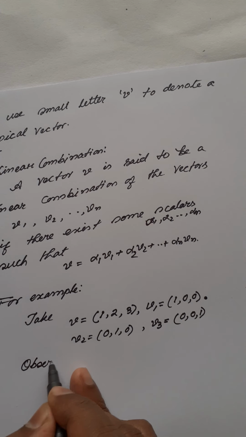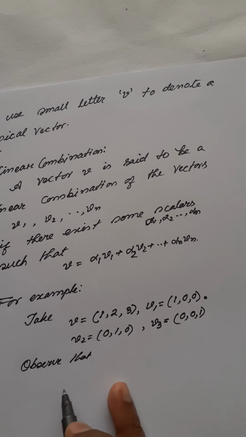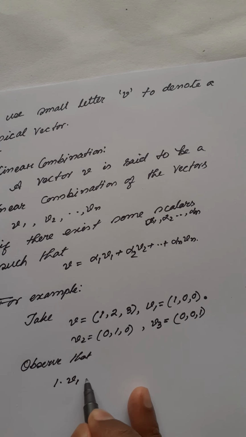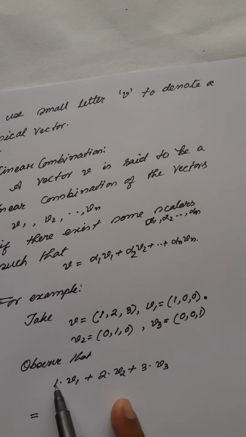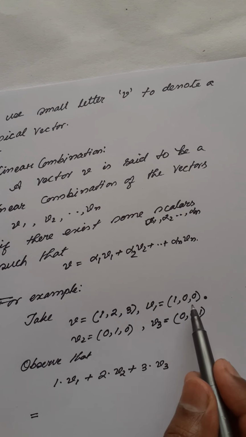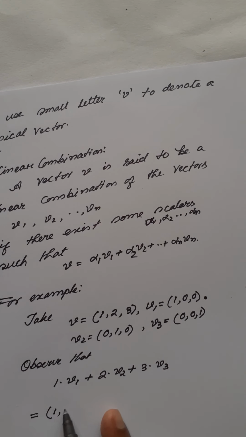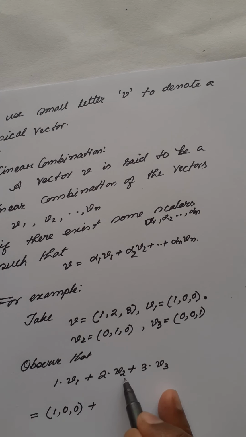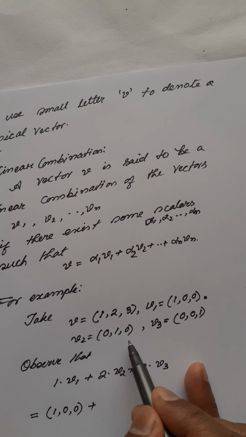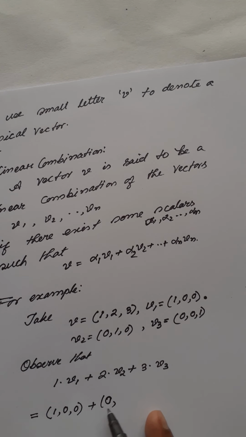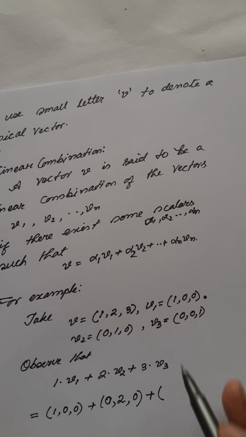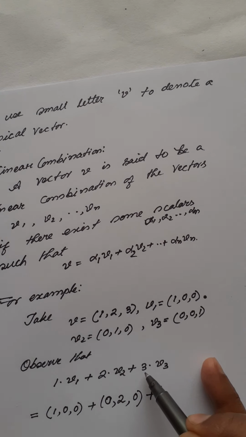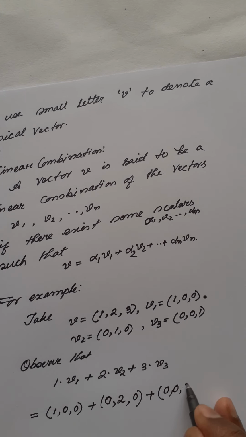Observe that 1 into v1 plus 2 into v2 plus 3 into v3 is equal to, now what is 1 into v1? We multiply each component of v1 by 1, so it is 1, 0, 0. What is 2 into v2? We multiply each component of v2 by 2, so it is 0, 2, 0. And v3 we multiply by 3, so it is 0, 0, 3.